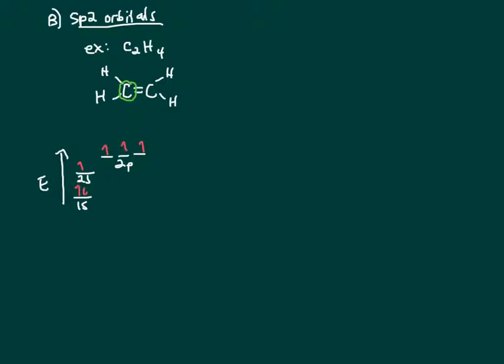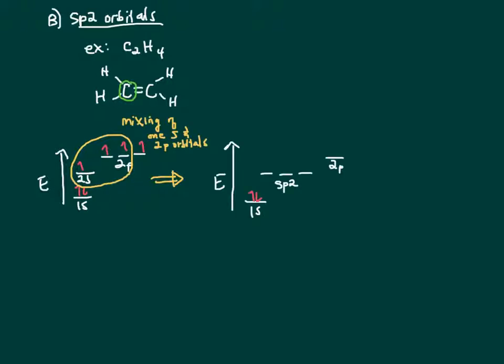And it is going to hybridize by taking 1 s and 2 p orbitals and mixing those. So what you end up with are 3 sp2 orbitals made of 1 s and 2 p orbitals.